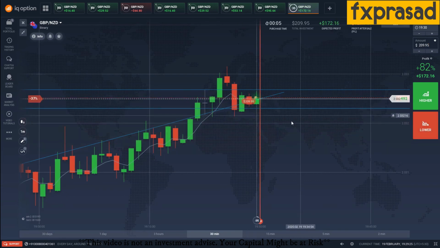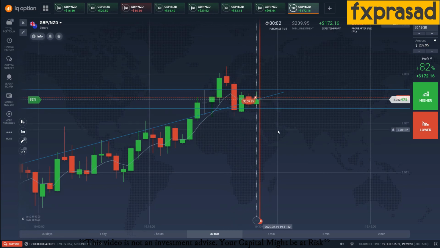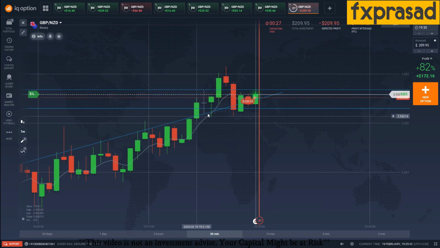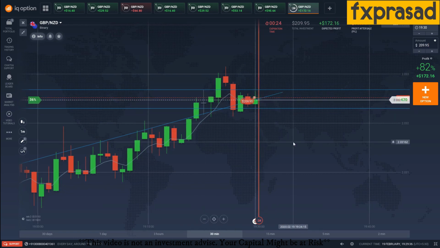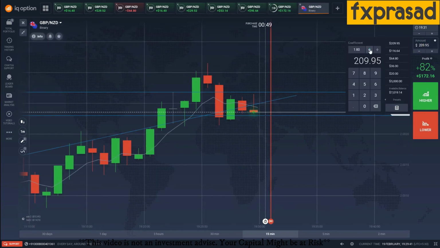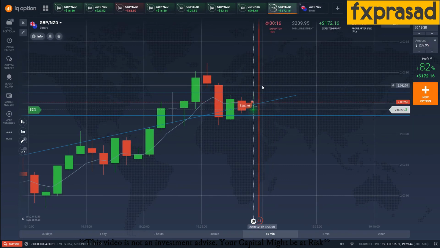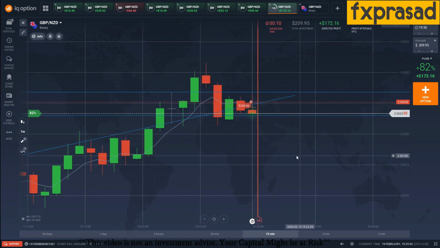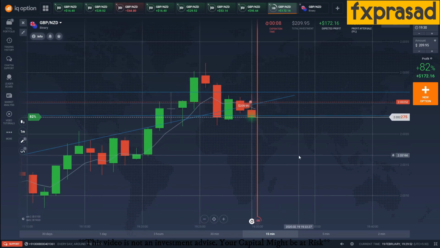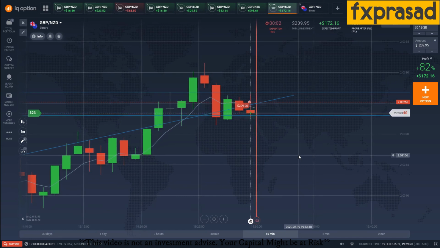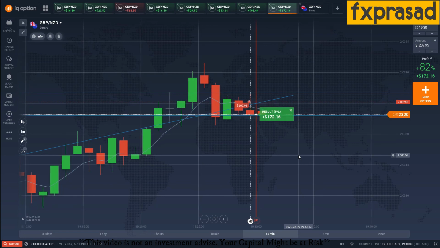Again I go with sellers, because the market will go down from this level. Below this line will close the market, because the market direction has changed from uptrend to downtrend. I also won this trade.